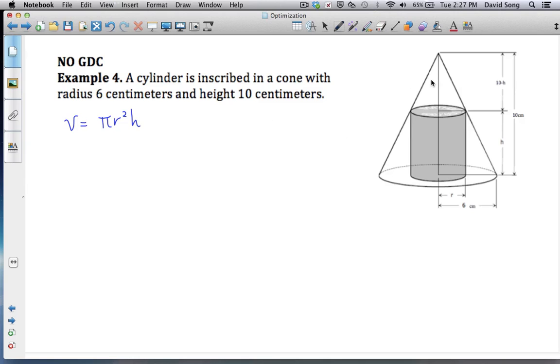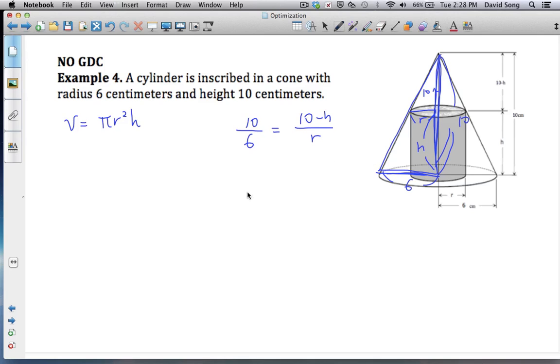So you can have just equation of volume in terms of one variable. So if you look at it here, look at big right triangle on the side. Okay, this whole thing is 6. Here's r, and this whole thing is 10, and this much is h. So this is 10 minus h, right? So you can set up a proportion 10 to 6. So this whole side to this is going to be 10 minus h over r.